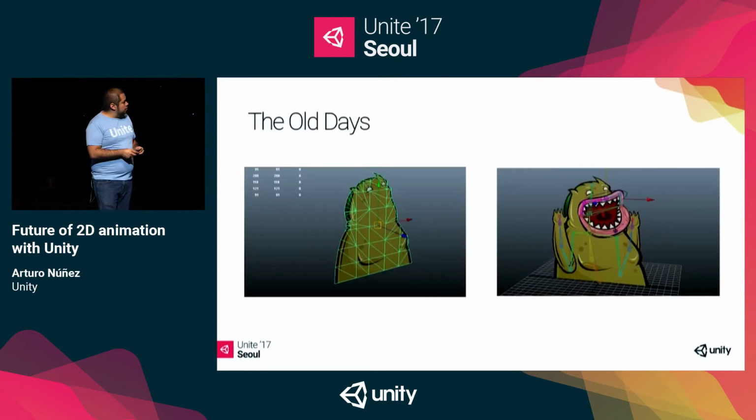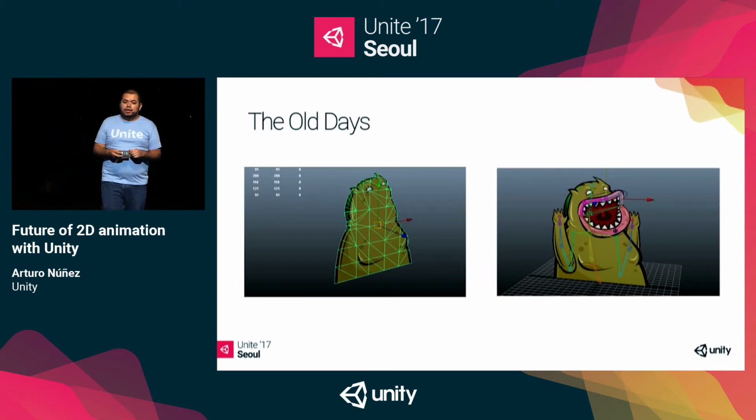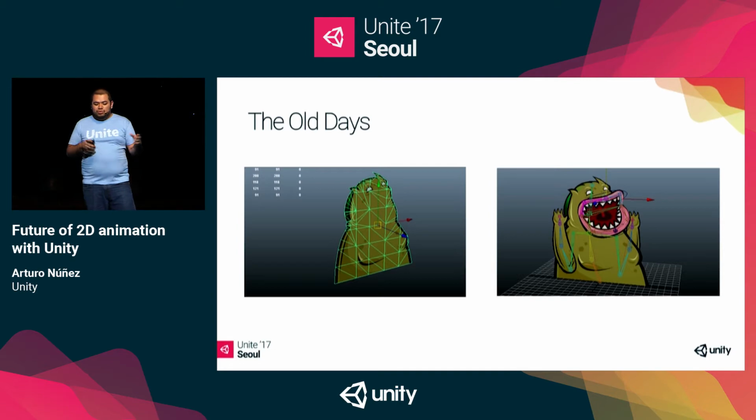Okay, so in the past, before we were working on native 2D tools inside Unity, one of the workflows that developers making 2D games in Unity had to go through was that they needed to use 3D software to create a skeleton, create a mesh, as you can see here.